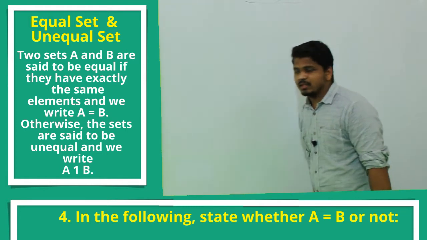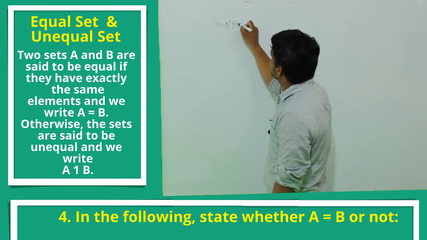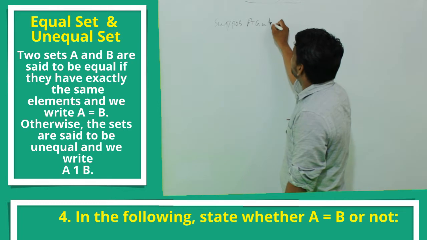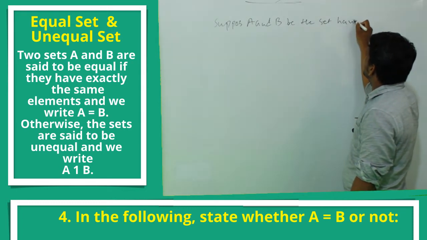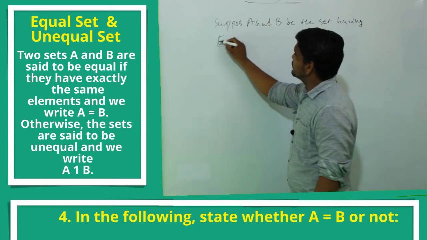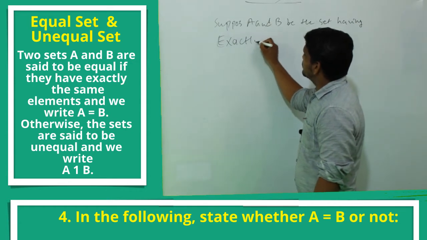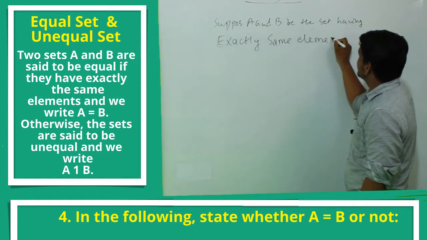What does the definition of equal sets say? Suppose A and B are sets having exactly, note it down, exactly the same elements.